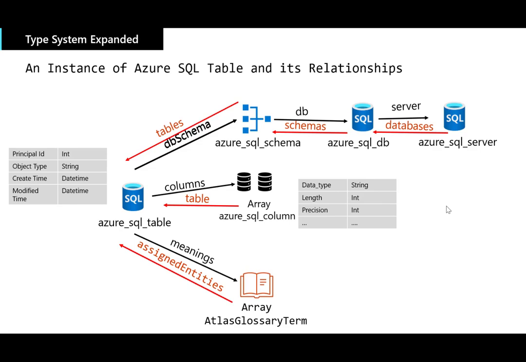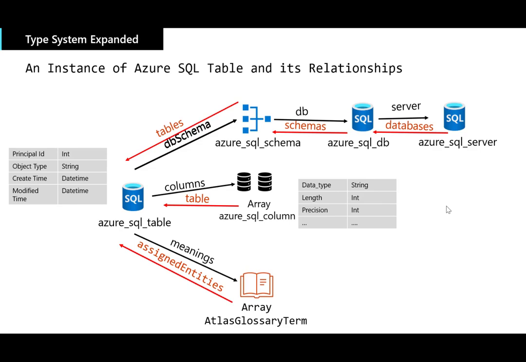We have columns coming from Azure SQL Table, and we have the word table coming from the SQL columns. So each attribute is representing a concept on that particular entity type. So a column has one table that it points to. A table has many columns that it points to. And these are the actual names of the relationship attributes you'll find inside of your built-in Azure Purview types here.